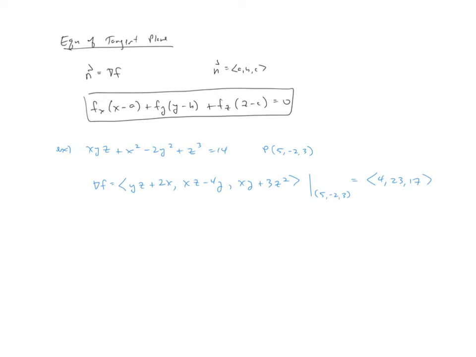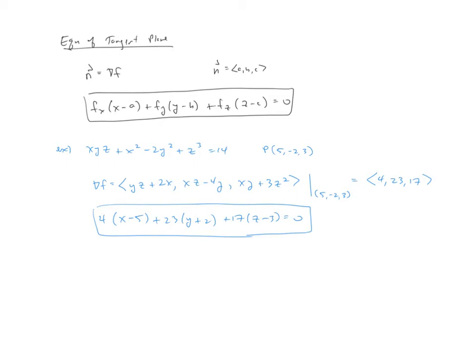And then plugging it in would be the same as it was earlier in the course. We would have 4 times x minus 5 plus 23 times y plus 2. And then finally plus 17 times z minus 3 equals 0. And this would be an appropriate form for an answer you gave me, even though in my math I might want you to simplify that down a little bit.